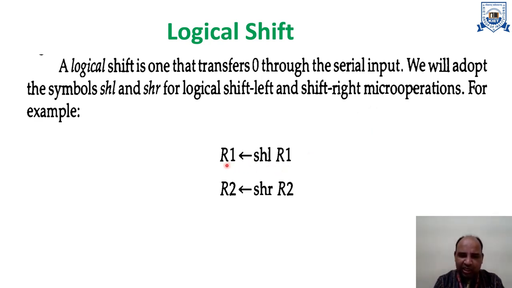The meaning of this statement is that the contents of R1 will be logically shifted left and the result will be transferred to R1. Similarly, SHR R2 to R2 means the contents of R2 will be logically shifted to the right and the content will be transferred to R2. It means the older content of R2 will be removed.